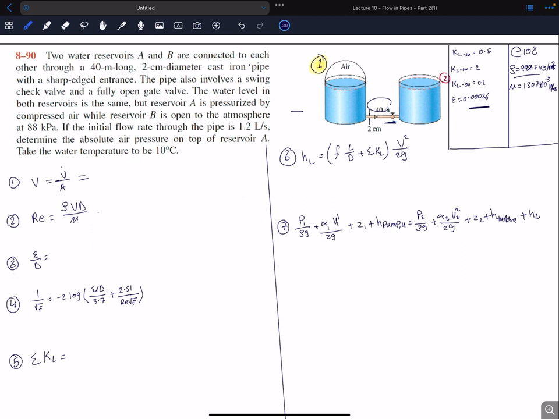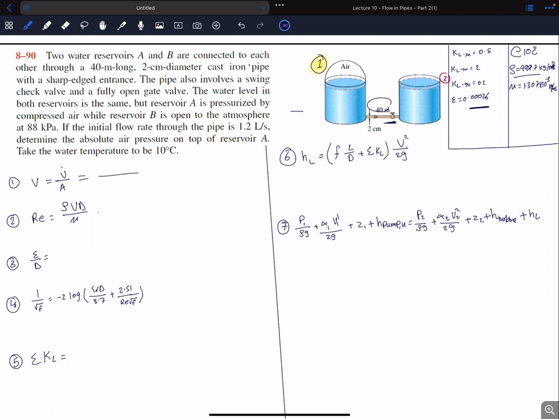We have to apply a set of equations so we can find the absolute air pressure. First, we have to find the velocity, which is the volume flow rate divided by the area.